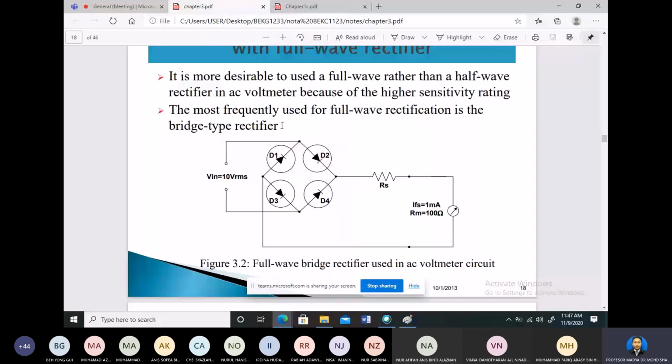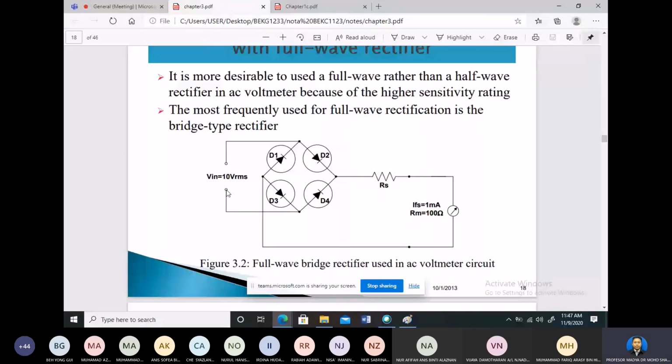Actually, the flow of this circuit is like this. You can just follow my pointer here. The flow will be here, and then go here. Because the diode allows one direction only, it goes to RS, then to the voltmeter, and then goes here to D3, and then to the negative supply.